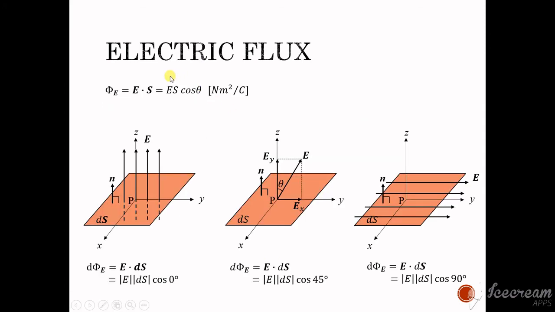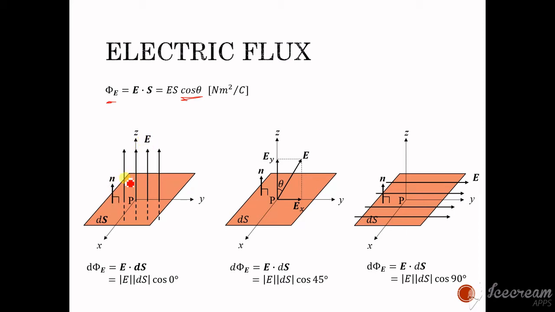The amount of vector flux going through a surface is given by the dot product, as you can see over here, and the angle between them, expressed by the cos theta over here, will affect the total electric flux. Okay, so here I have a few examples of different conditions of the electric field with the same surface configuration.